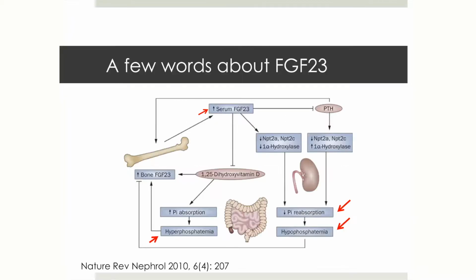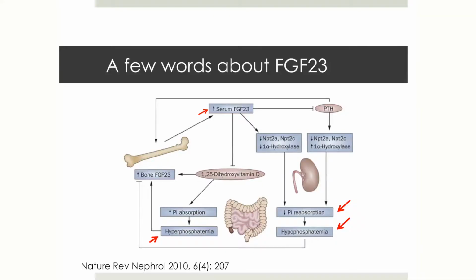So what about FGF23? Just to remind everybody about FGF23, the driver for FGF23 is thought to be hyperphosphatemia. FGF23 is produced by the bone, and the bone puts out the FGF23 into the serum, and so the serum FGF23 then rises, and that results in a decrease in phosphate reabsorption by the kidney and hyperphosphuria, and therefore you then get hypophosphatemia.